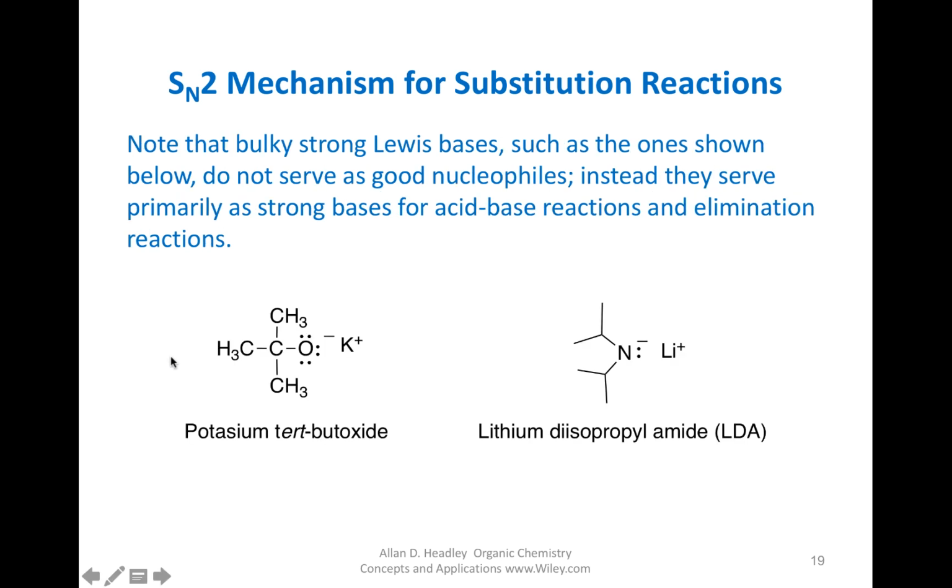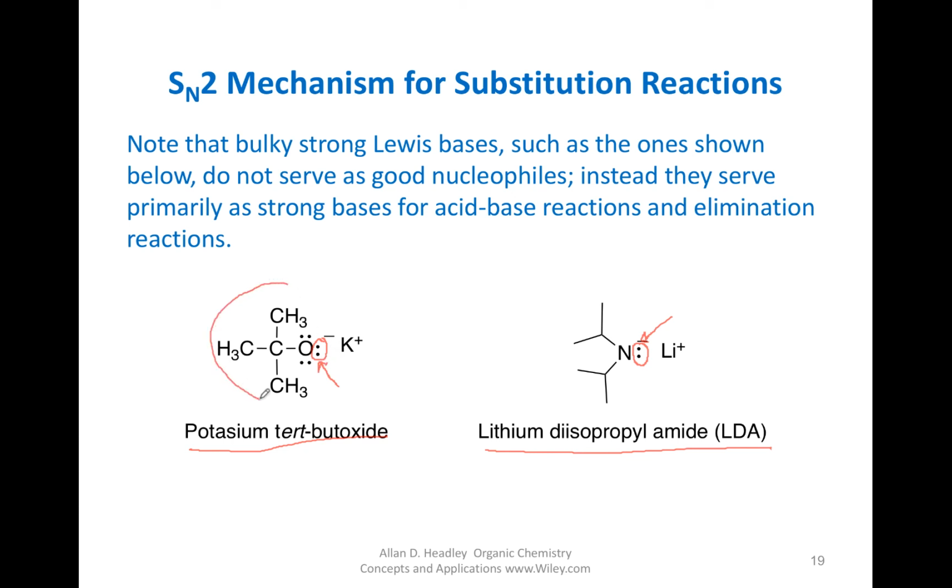Okay, so let us look at some bases, some nucleophiles here. You may recall when we did elimination reactions, we used this bulky base, potassium butoxide, and another bulky base, LDA. Notice they are Lewis bases because each has at least one unshared pair of electrons. Notice they're also nucleophiles because of the same unshared pair of electrons.